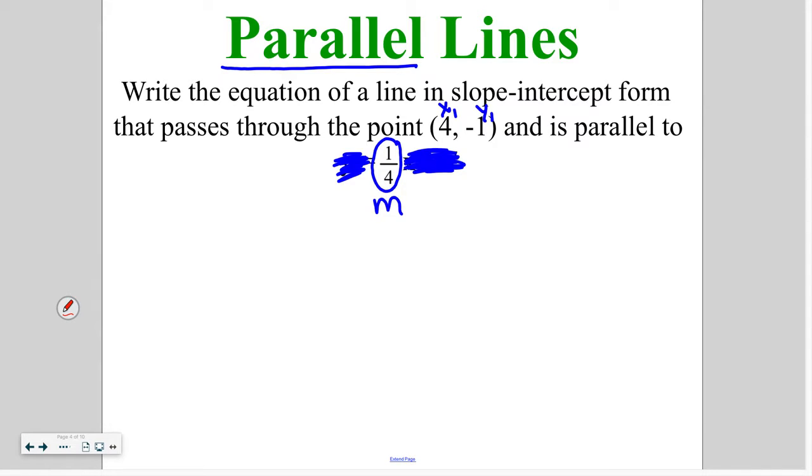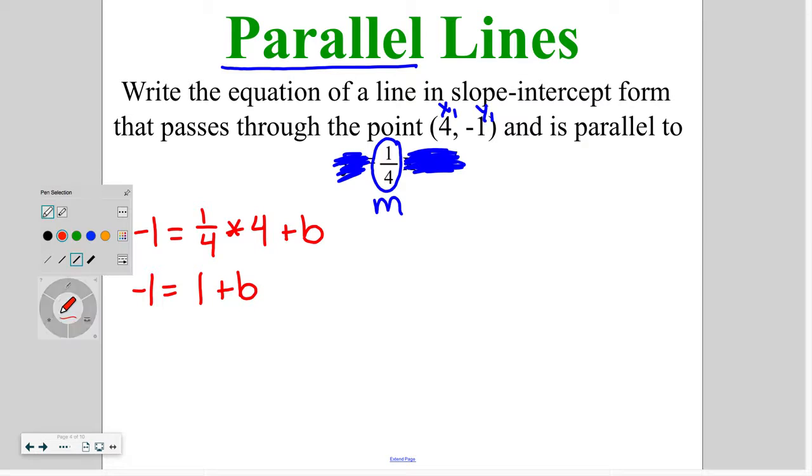This is going to go back to writing equations in slope-intercept form. So our y is equal to negative 1, and then slope of 1/4 times 4 plus b. Solving this, we get negative 1 is equal to 1/4 times 4, which is 1, plus b.